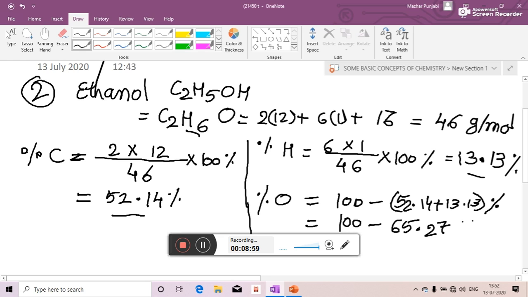Let us take it in square bracket and outside the bracket percentage.